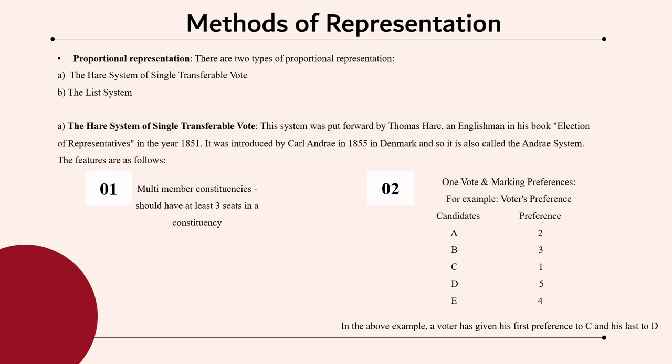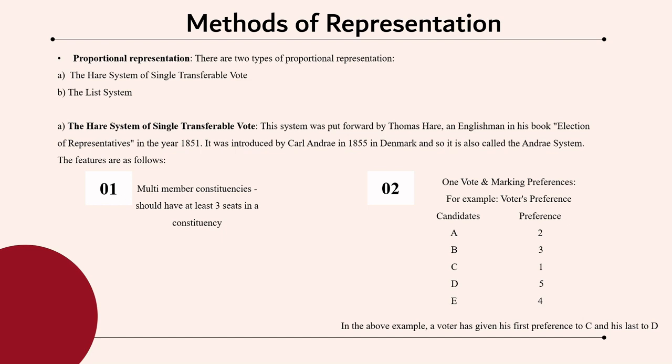First one, multi-member constituencies. This system requires multi-member constituencies, that is, there should be at least 3 seats in a constituency. That means from a constituency, not one member but minimum 3 members should be elected.